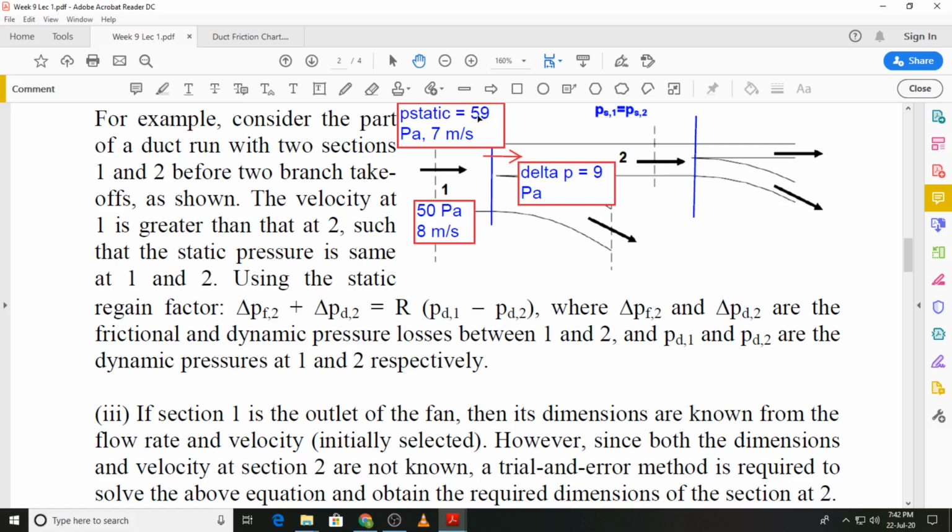there will be a decrease in the pressure due to the frictional pressure drop and any minor losses or dynamic losses during this section of the duct layout or the run. And then we will again end up with a static pressure of 50 pascals.